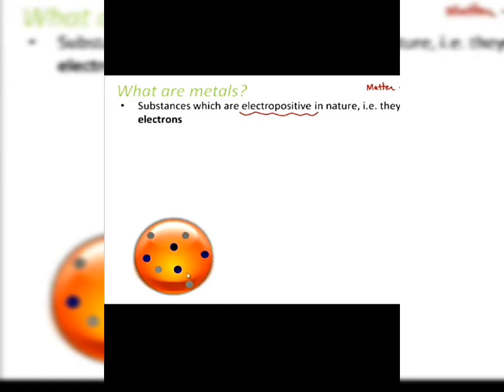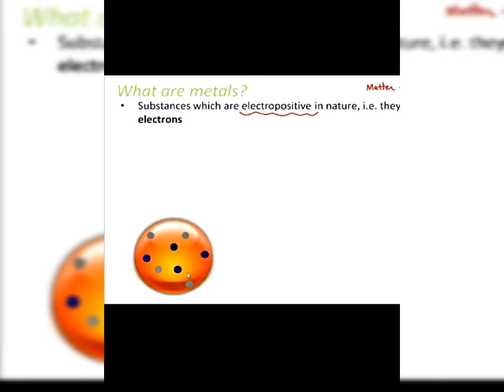So the number of positively charged particles in that substance will be more, so the substance will become electropositive. Let me try to explain it in this way. Let us suppose this is your atom. Inside this orange ball, you have protons, electrons, neutrons. Right now I am talking about charges, so I am not talking about neutrons because neutrons are anyway neutral.